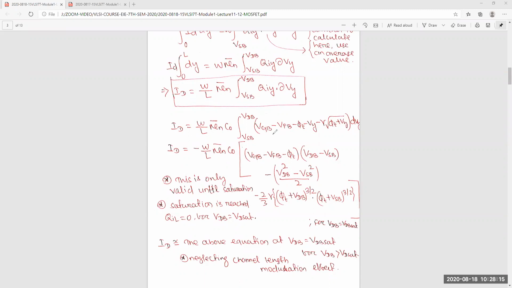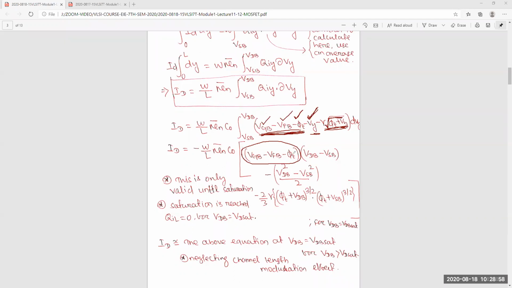How will we calculate this? This part is like a constant. V_GB is constant, V_FB is constant, and phi is also constant. These three are constant. Then this V_y is linearly changing, and this is the square root term. So we integrate these three things. For the constant, you will get this, and the limit V_DB minus V_SB.